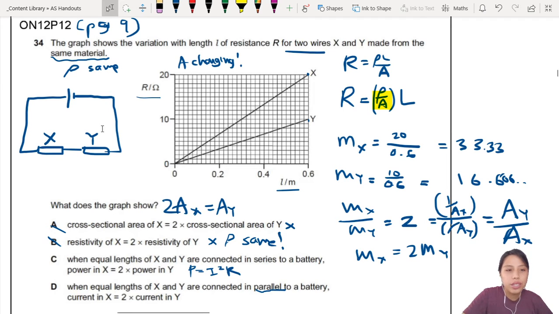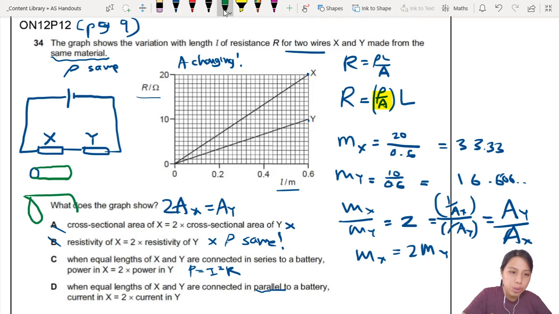If you are lazy to think about numbers, can you draw pictures? So we have X, which is, you need 2 of these to equal 1 of Ay. So something like that. So this is Y, this is X. Which one will have higher resistance? You look at it. X is very narrow. So X will have higher resistance.